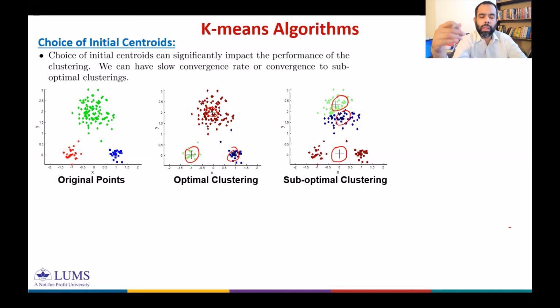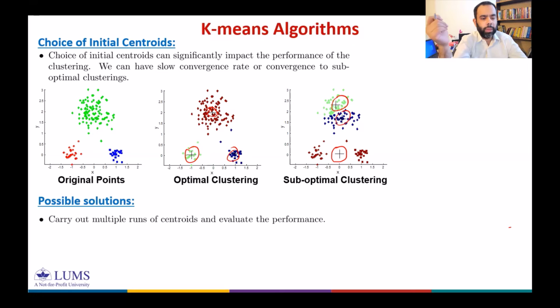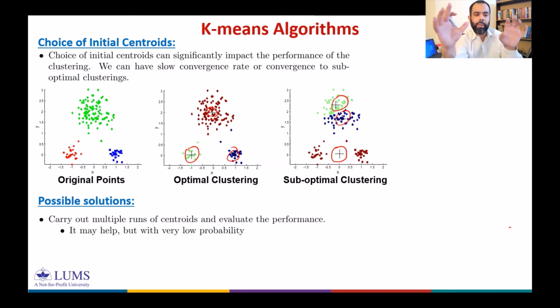The possible solutions to handle this include carrying out multiple runs with different initial centroids and evaluating the performance. It often helps, but the probability that it would help is very low, because you are choosing K centroids in a higher dimensional space, and the probability that you will get centroids at the desired locations, so that your algorithm converges to the global optimum, is small.